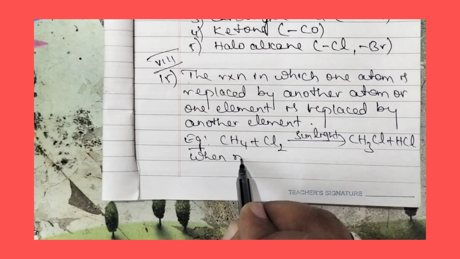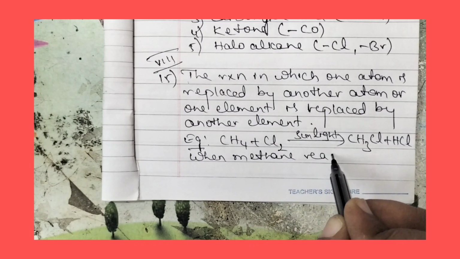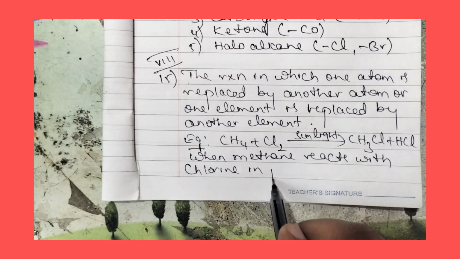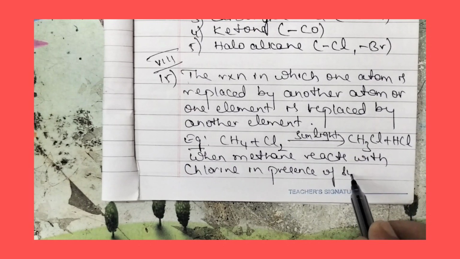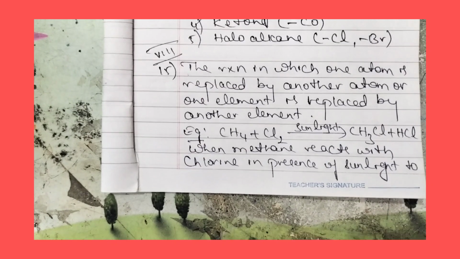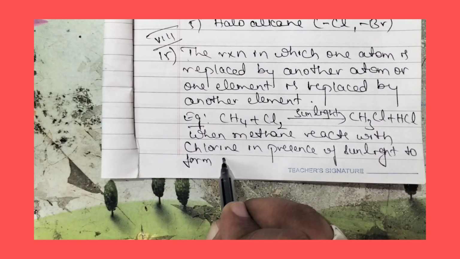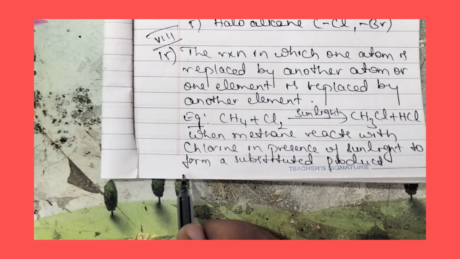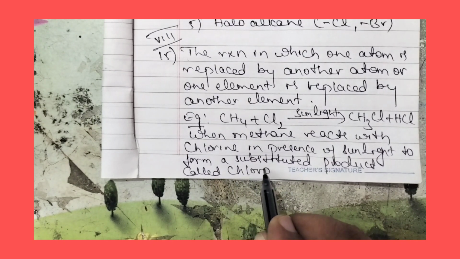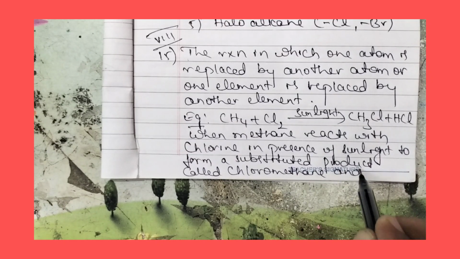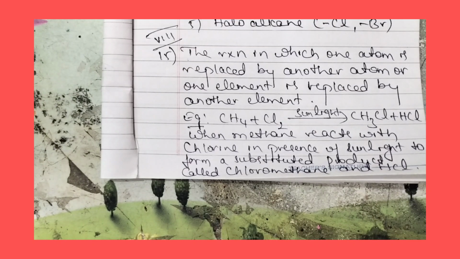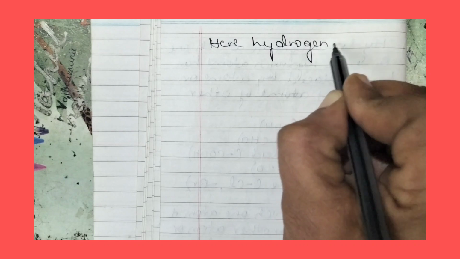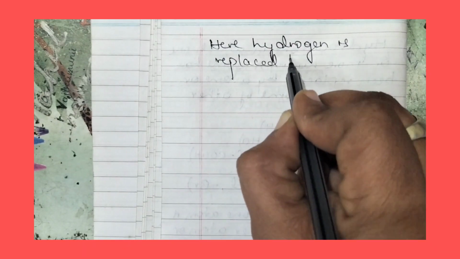So when methane reacts with chlorine in presence of sunlight, it forms a substituted product called chloromethane and HCl. Here hydrogen is replaced by chlorine.